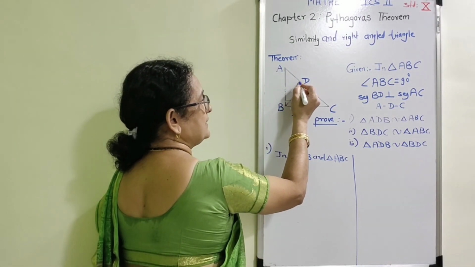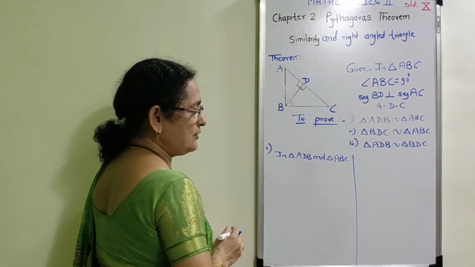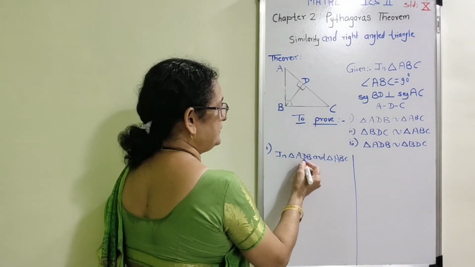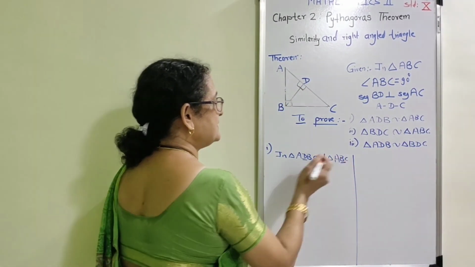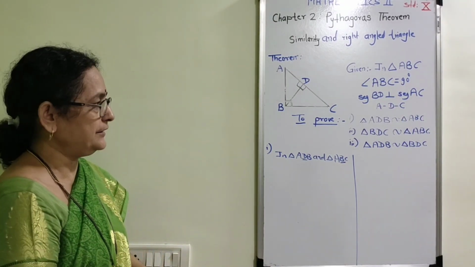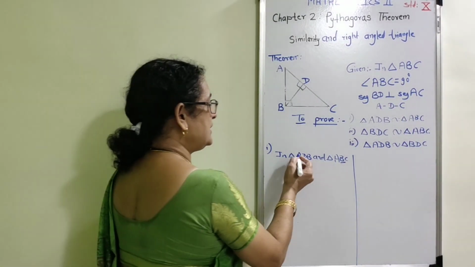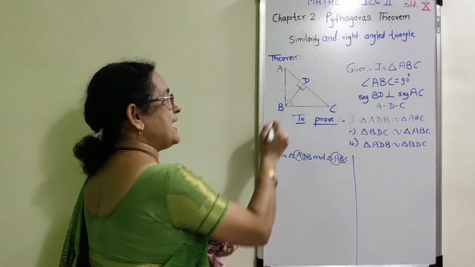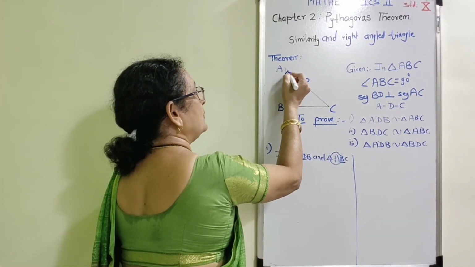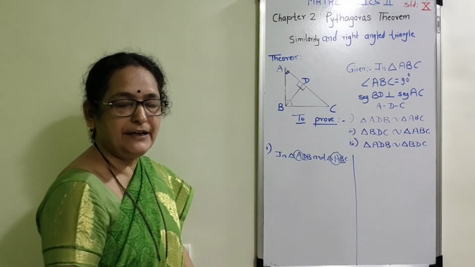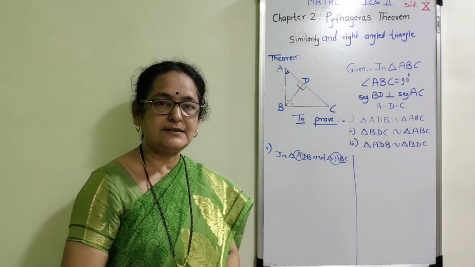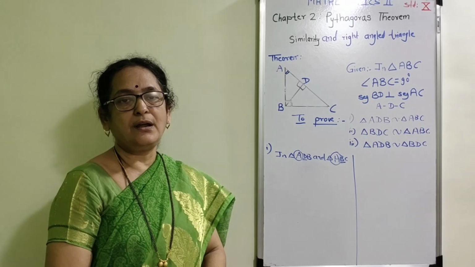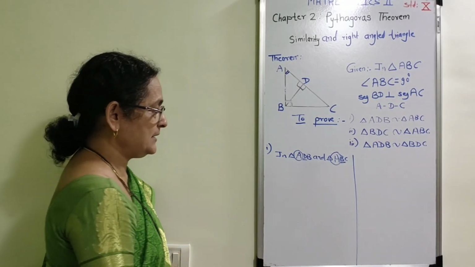In these two triangles, one pair of angles is already congruent to each other. Angle D is of 90 degree as well as angle B is of 90 degree. Also, in these two triangles, one angle is common, that is angle A is common to both the triangles, and these two triangles are similar to each other by a test of similarity.